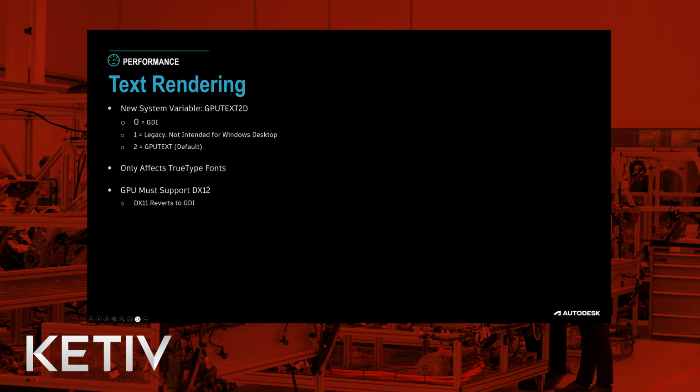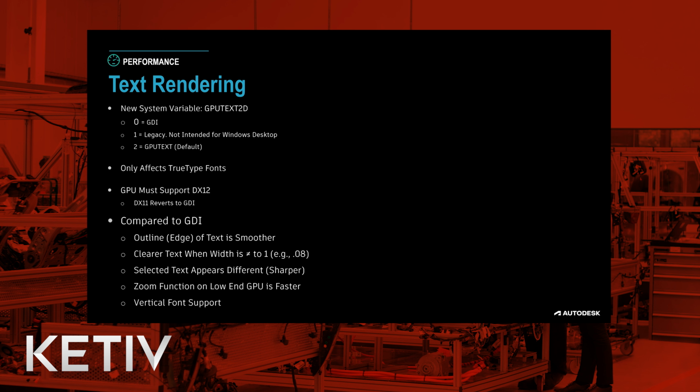Now, compared to GDI, you're going to see smoother text. The edges are going to appear much smoother. And one of the places where in AutoCAD 2024, for example, you would see really rough edges is if you had a font scale that was not equal to 1, 0.08 being a good example of that.